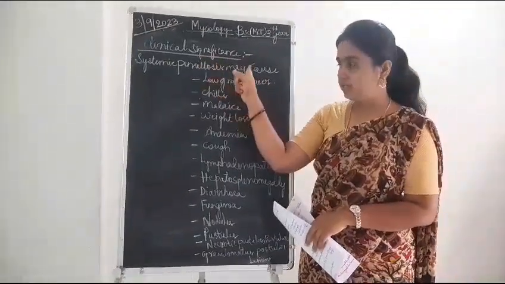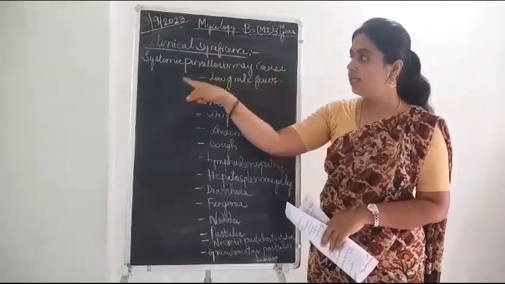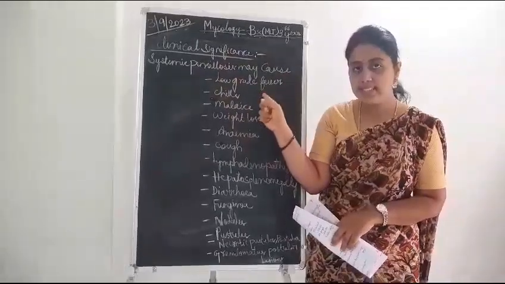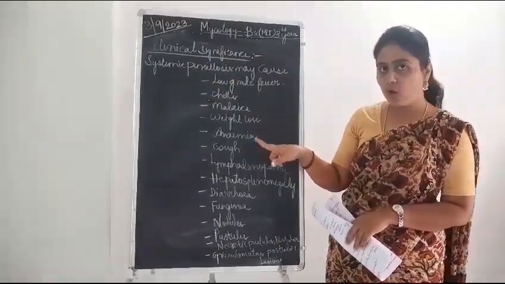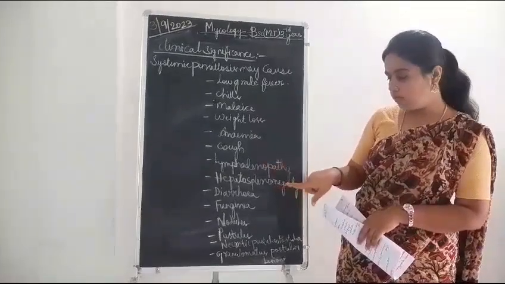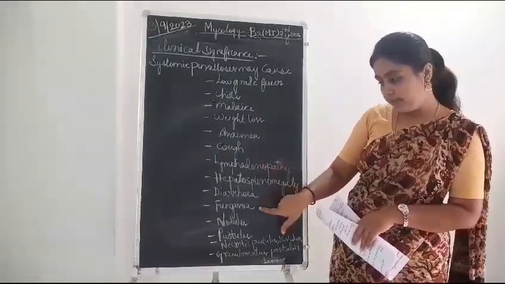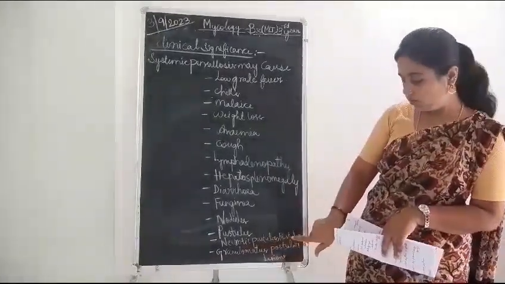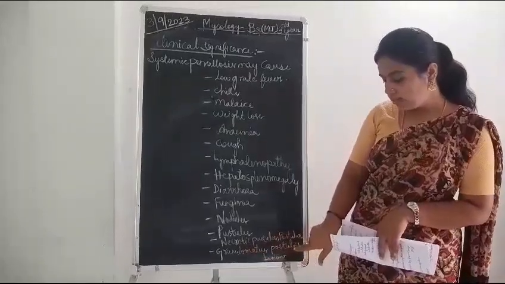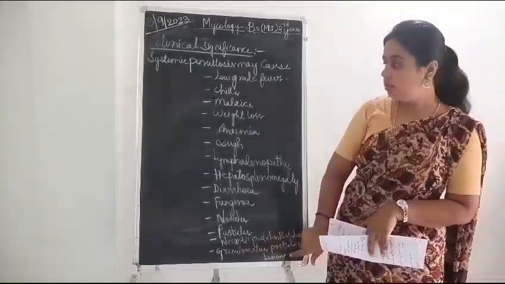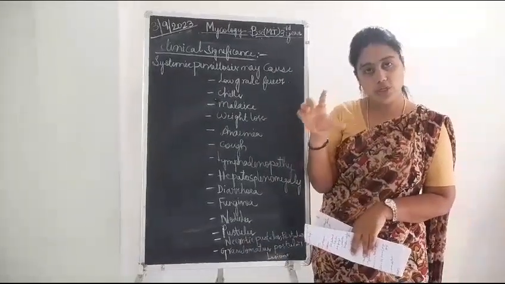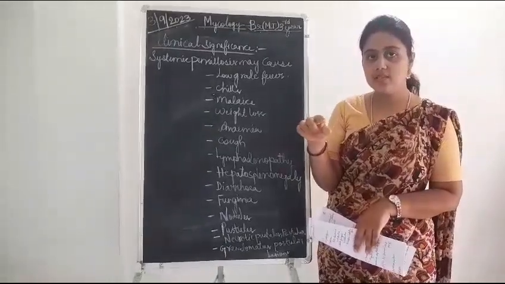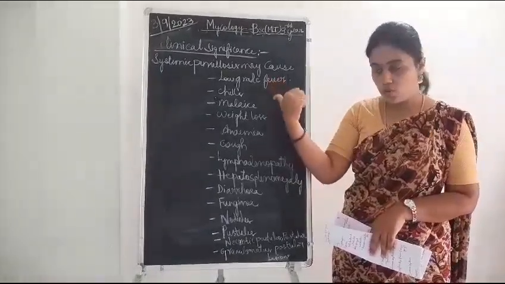Coming to the clinical significance, we can see systemic penicilliosis. It may cause low-grade fever, chills, malaise, weight loss, anemia, cough, lymphadenopathy, hepatosplenomegaly, diarrhea, fungemia, nodules, pustules, necrotic pustules, and granulomatous pustular lesions. So we said that granulomatous changes and necrotizing changes occur in liver, lungs and skin. So those changes can cause this.